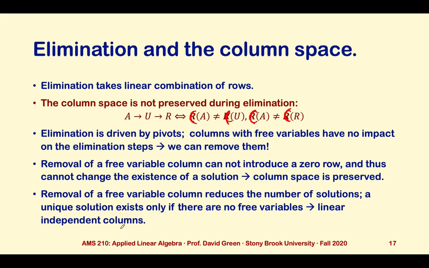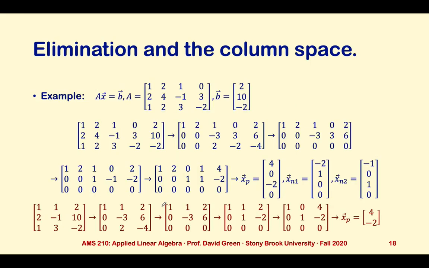These three ideas, that elimination is driven by pivots, so maybe we can remove the columns with free variables, the idea that removing a free variable column preserves the column space, and that when we have no free variable columns, we will have linearly independent columns, gives us everything we need for a method to compute a basis. Right?